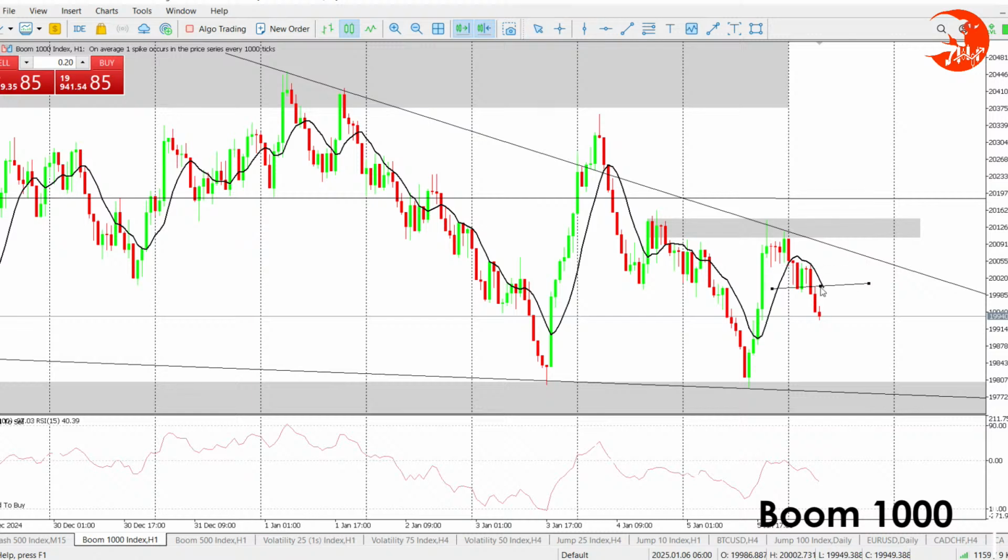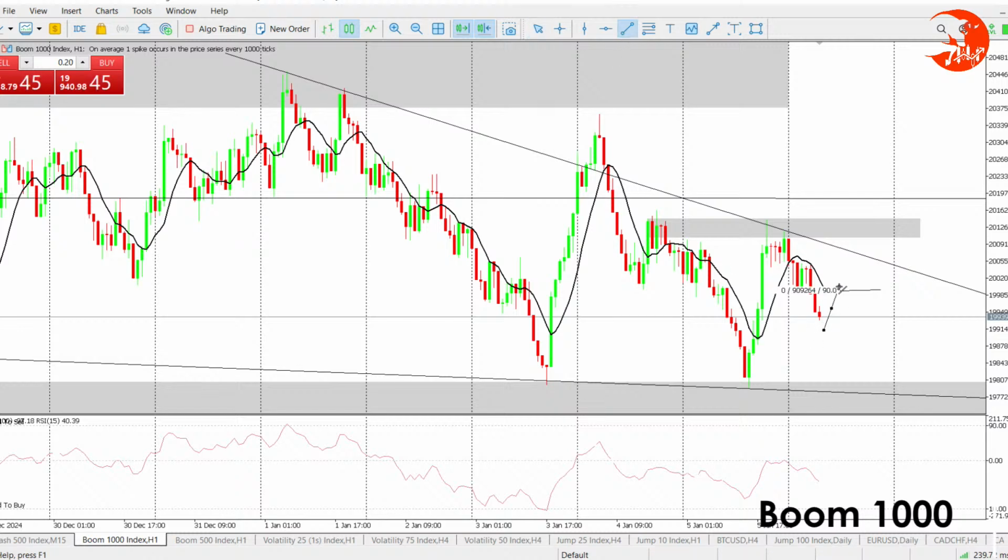We see a change of character right here, and after that we started to see lower highs and lower lows. So you want to enter once you have a confirmation of a new lower low right here. Then you wait for a high. Once it is made, you enter your sells to bring you right to this trend line. So we are going to be looking for something like this.